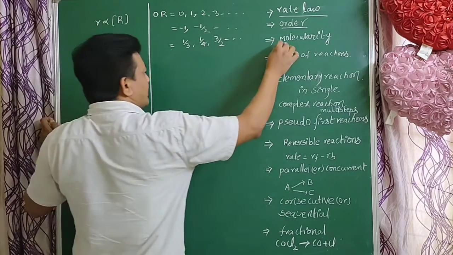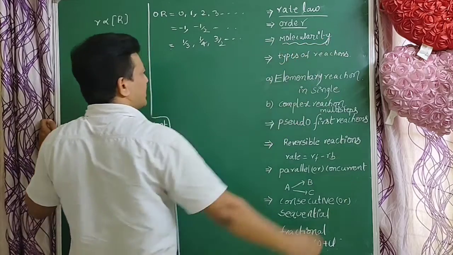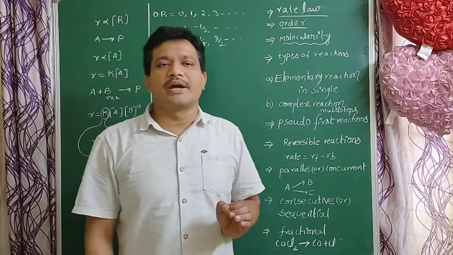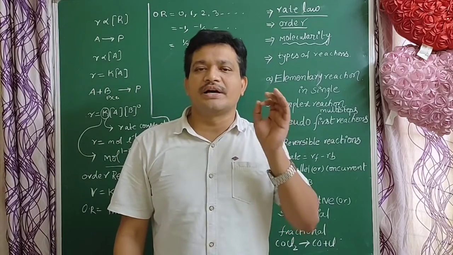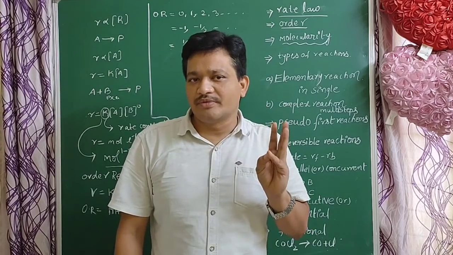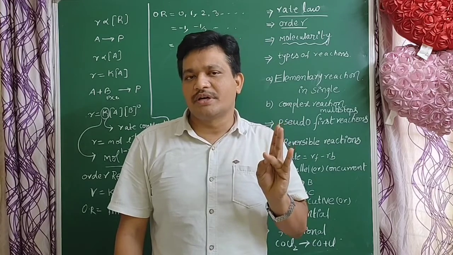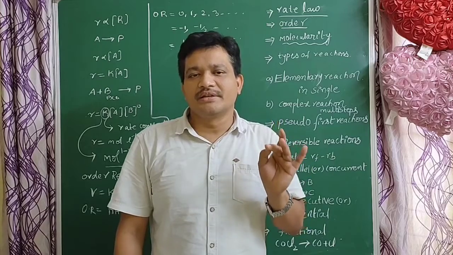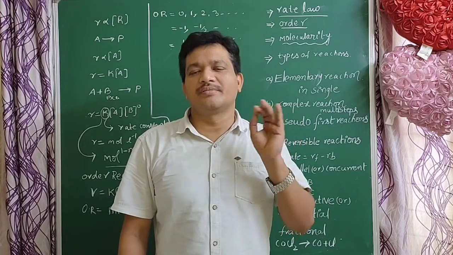Next, molecularity. What is molecularity? Molecularity is nothing but the number of atoms, molecules or ions involved in the slow step. The slow step is the rate determining step.